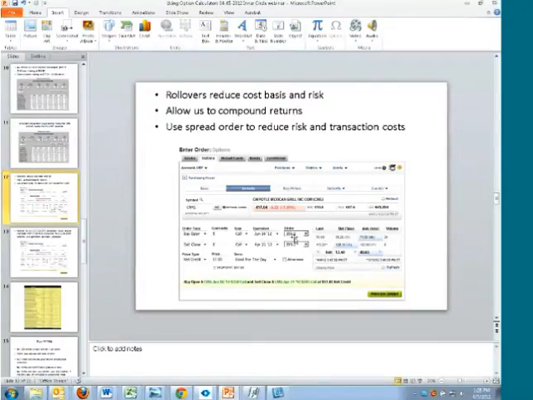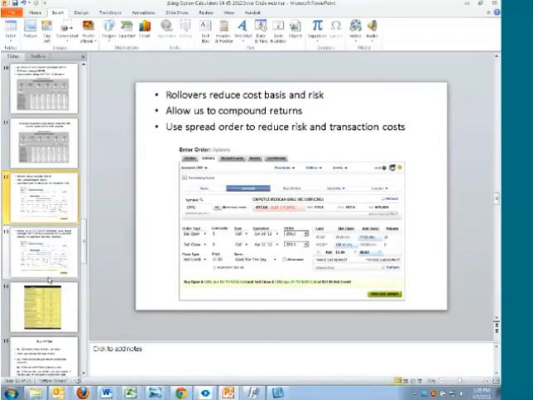So this could be entered as a spread order, and what this does is it closes out the long option, and then you buy to open the new option. And again, you can save on transaction costs between the bid and ask price and also the commissions.